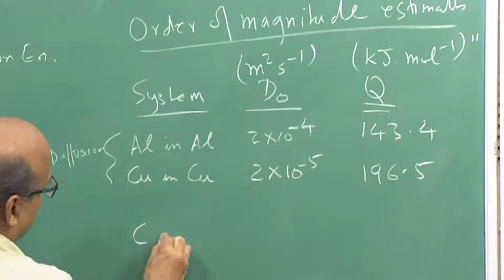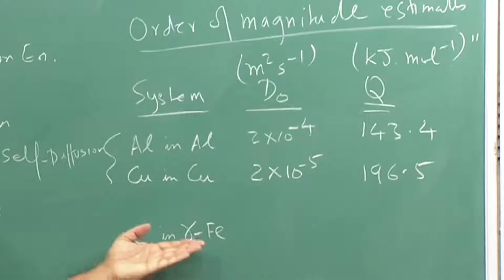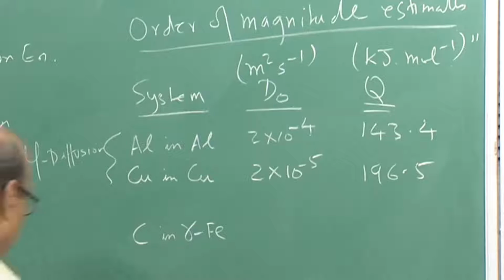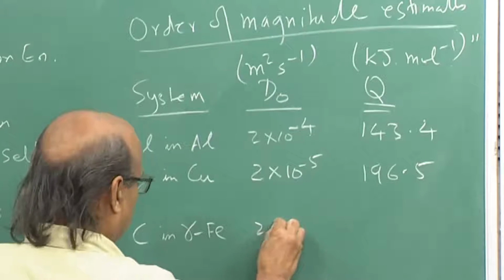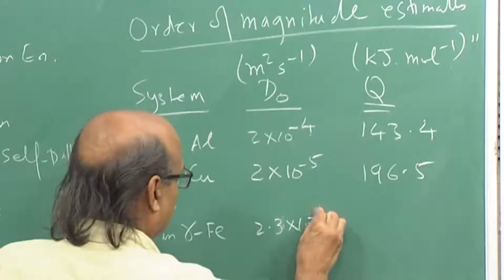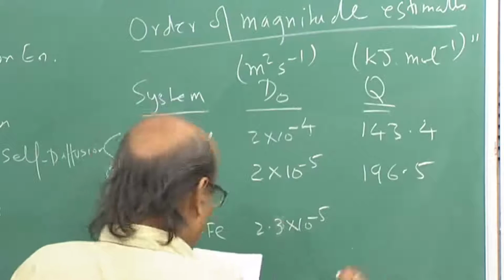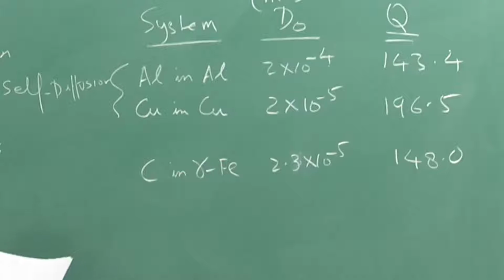Consider carbon in gamma iron, that is carbon in austenite, a face centered cubic form. Diffusion of carbon in the body centered cubic form of iron will be different from the diffusion of carbon in the austenite form of iron. In this case, I get D0 as 2.3 into 10 to power minus 5 and Q to be 148 kilojoules per mole.